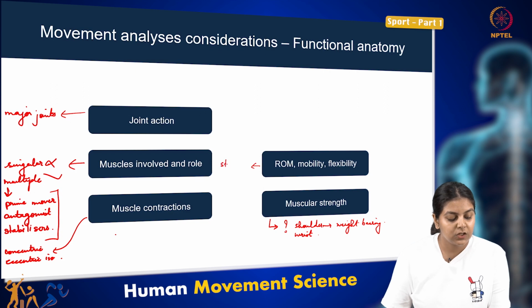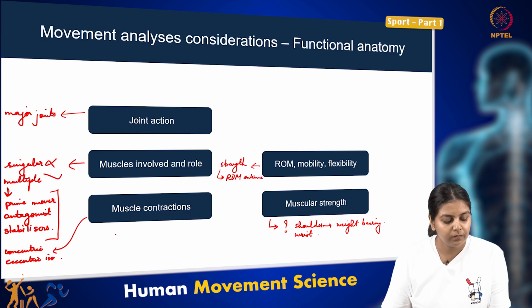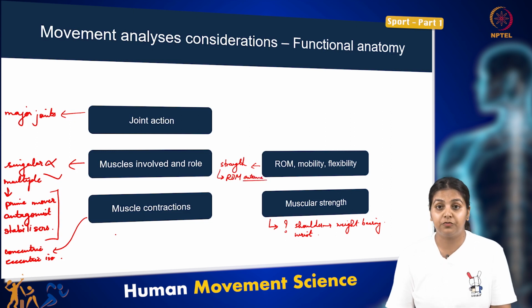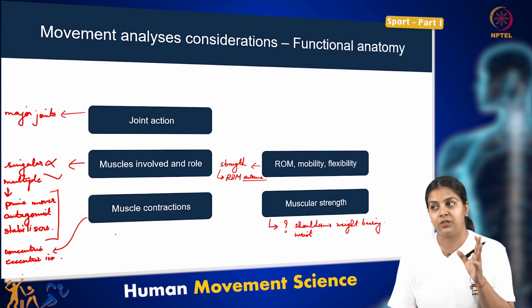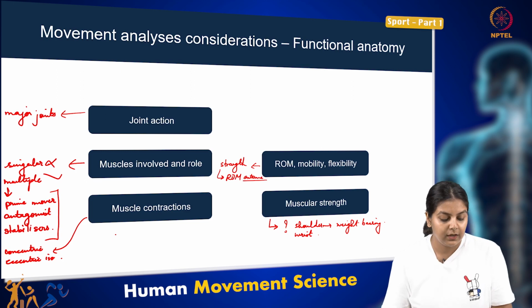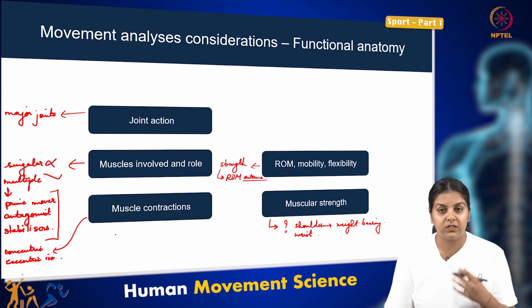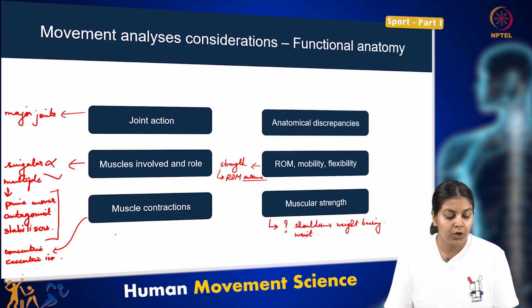So that is strength that needs to be executed from extreme range of motion, right? So do I have that range of motion? Can I achieve that? Can I execute strength from that? Do I have the mobility and the flexibility around that joint? So these are some of the questions you would ask.